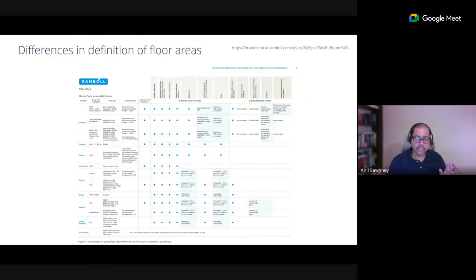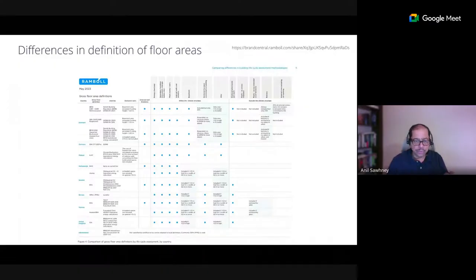total carbon emissions from our building. In order to report, we need to say tons of carbon dioxide equivalent per square meter of your building. But the way the denominator is calculated can vary. As you know, in India, we have super area, carpet area, and so on.